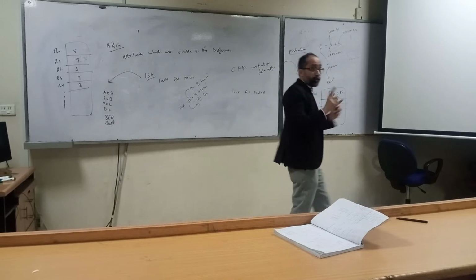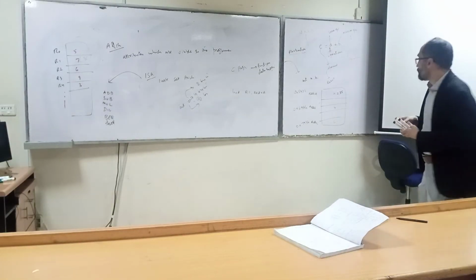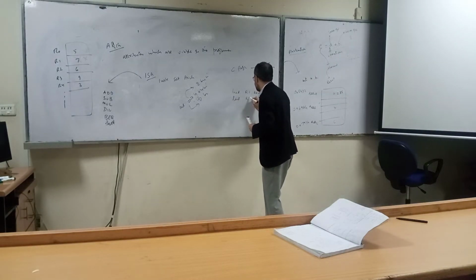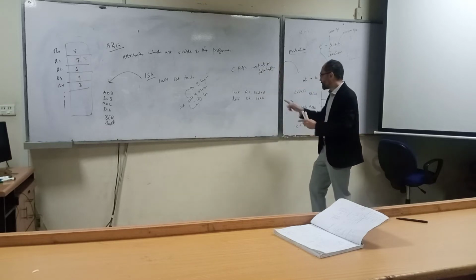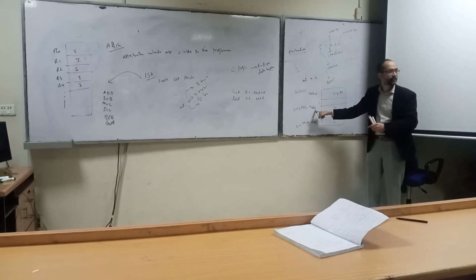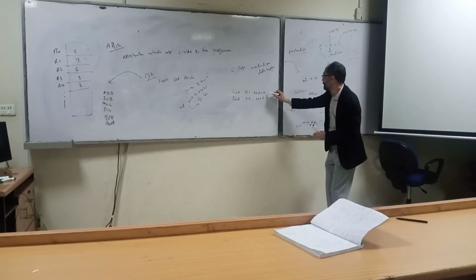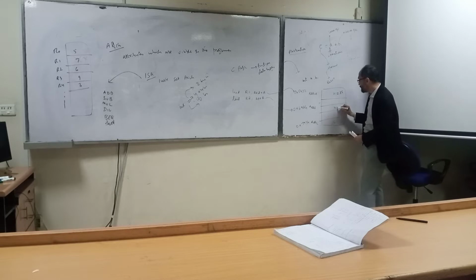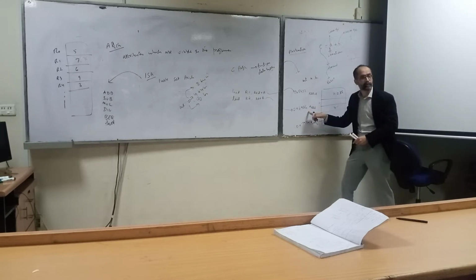Now we have loaded one of the source operands. Now for the other source, we can load it into another register: load R2, address of B. So what is the address of B? It will point to this location, the location of the contents of B in memory.